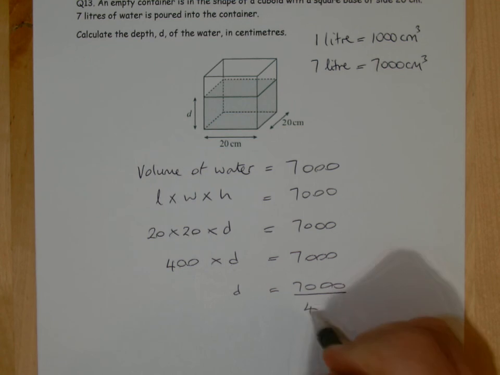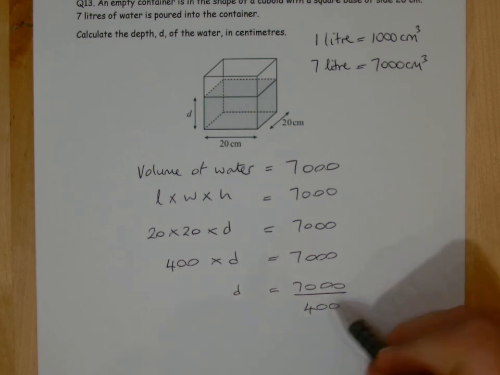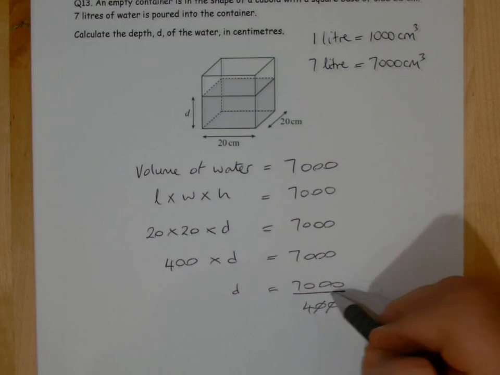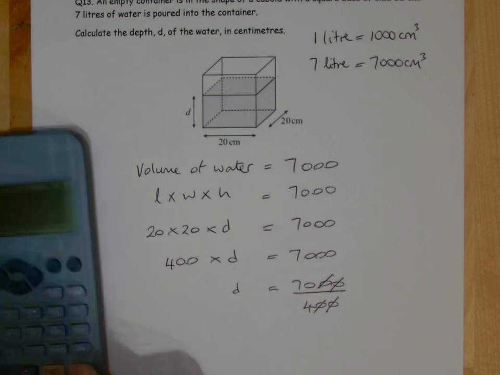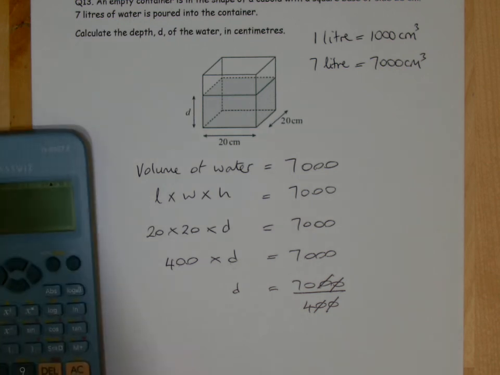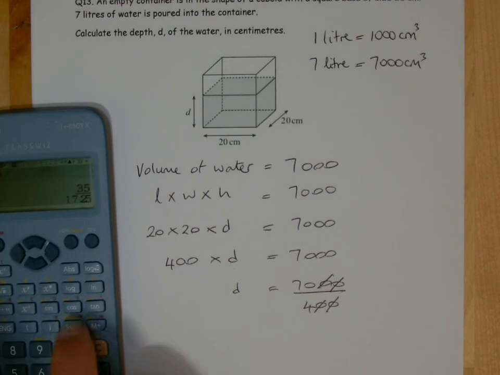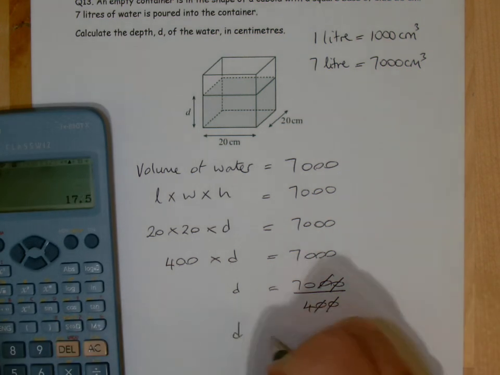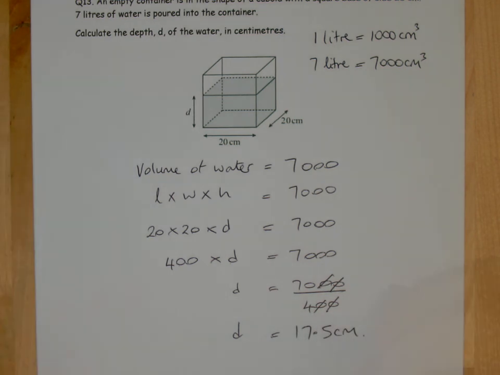So I've got 7,000 divided by 400, and it's just a case of working it out on my calculator. To save myself a bit of finger punching, I can cancel those zeros, so I have 70 divided by 4. It comes out to be 35 over 2, which is 17.5. So the depth is 17.5 centimeters.